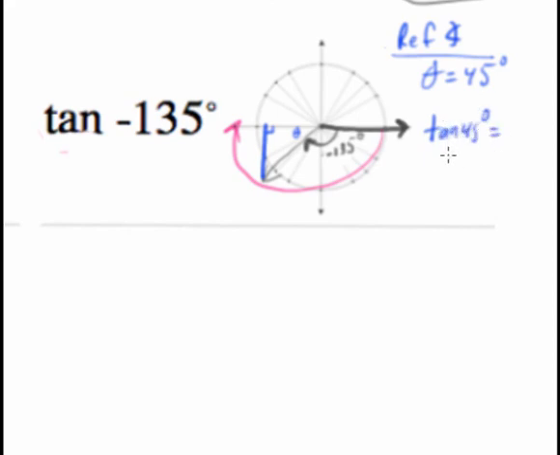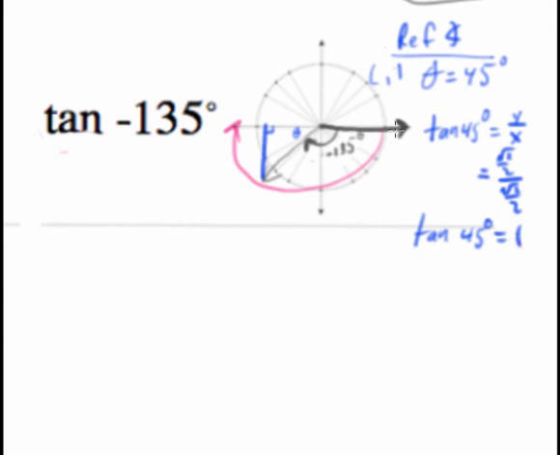So the tangent of 45 degrees, remember that's just the y over the x, right? And 45 degrees is here, and we know that this point is square root of 2 over 2 and square root of 2 over 2. So both of these are going to be the same. So then the tangent of 45 degrees is 1.